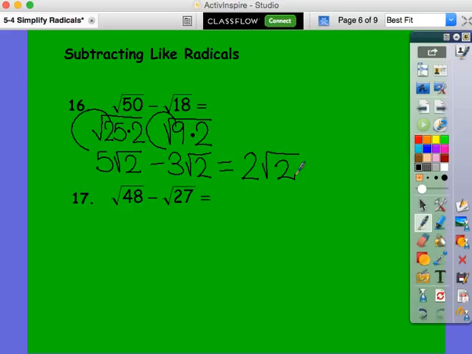Okay, 48. Is it a perfect square? No. Is there a number times itself that's 48? No. So 4 times 12 is 48. Can I use that? I could, but it won't be all the way simplified. So what do you think?